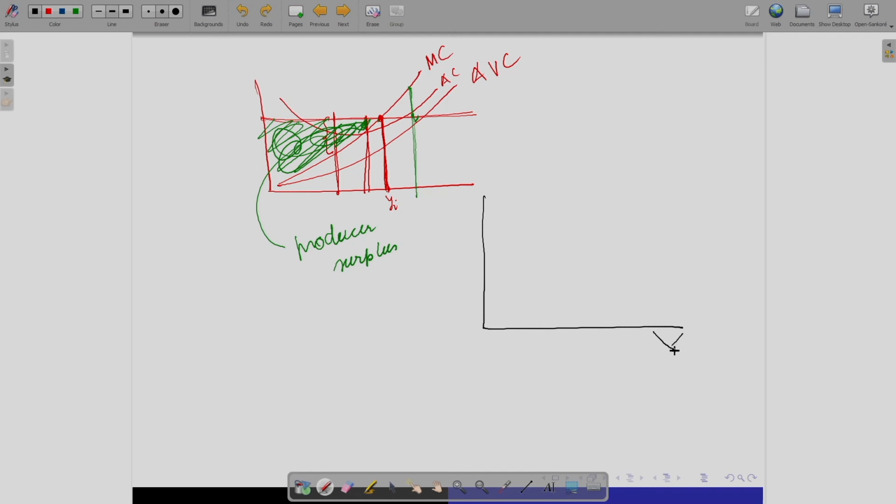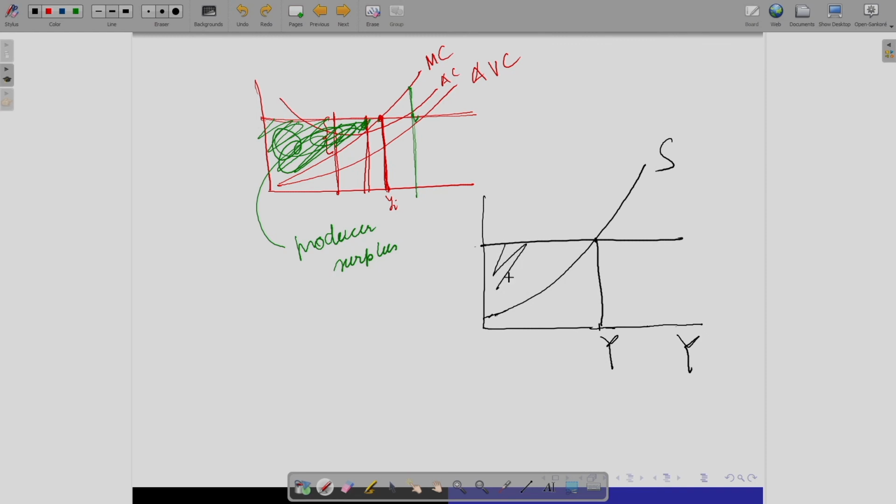From here, if you take the market thing, this is going to be the market supply, and suppose the market price, the equilibrium price, is this. Then firms are, market price is this. So, it is going to be total output produced this, is going to be this.